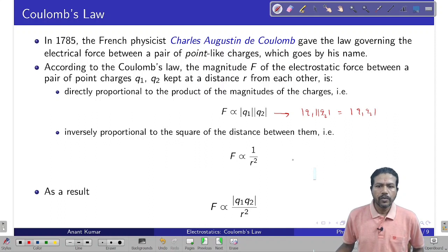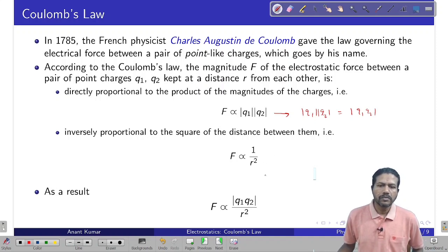What he did was charge two spheres, and without knowing what the charges actually were, he first fixed the two charges and then kept on varying the distance between them. By doing that, he was able to derive the 1 by r square variation.